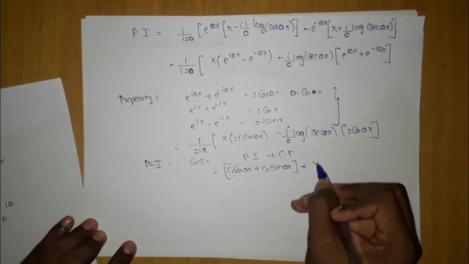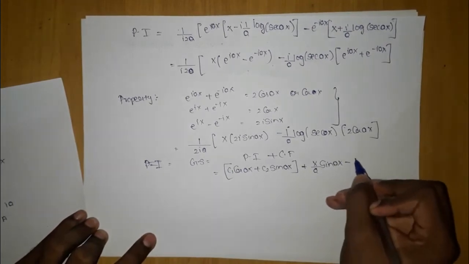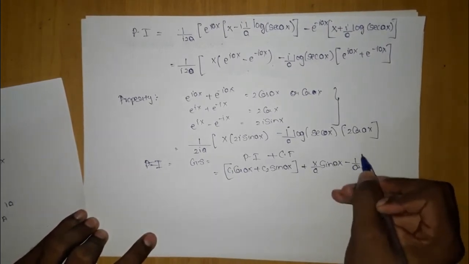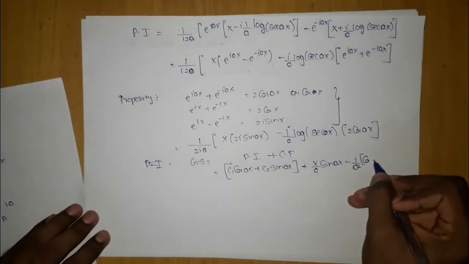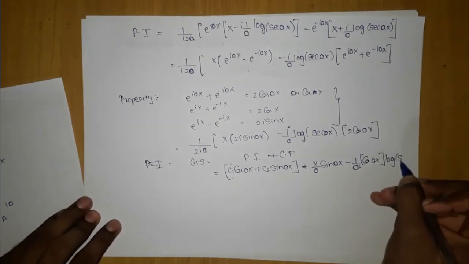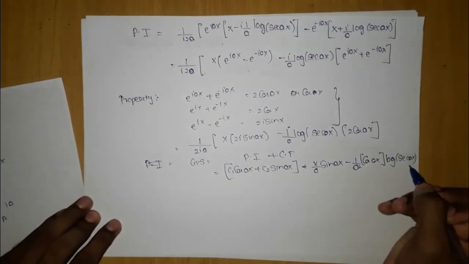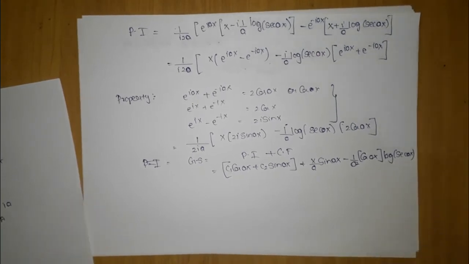After this, x by a sin ax minus a square into cos ax bracket close into log sec ax. We are going to get this as our final answer.